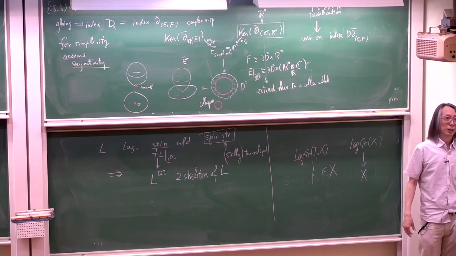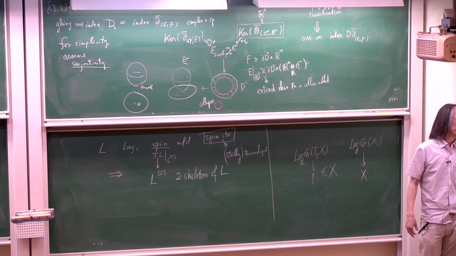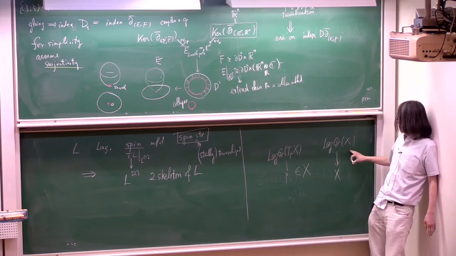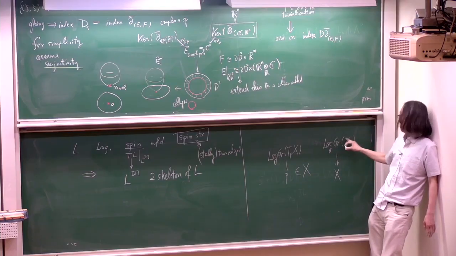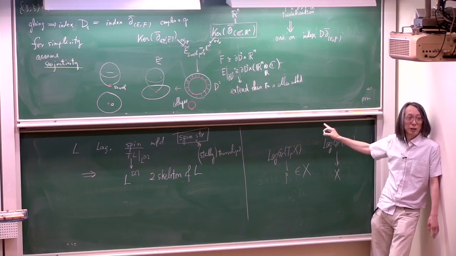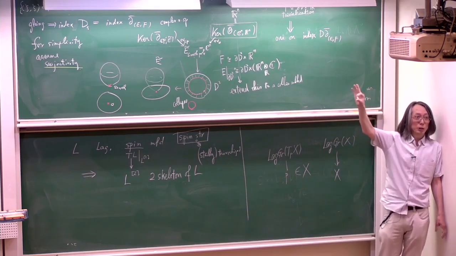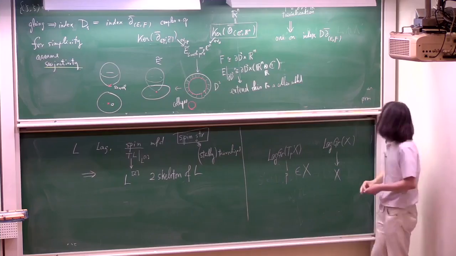Now, as long as you restrict to the Lagrangian submanifold. But if you don't have this fiber-wise universal cover, then to which space do you want to lift it up?